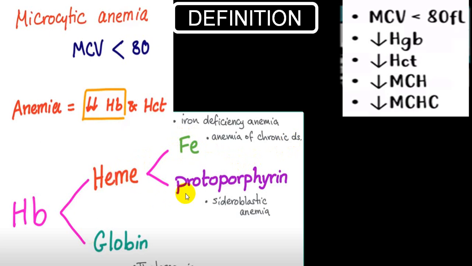And there is a second group which also leads to defective heme production, that is because of protoporphyrin production deficiency, and that will happen classically in sideroblastic anemia. So these two will give rise to what we call heme synthesis being affected, and if the globin synthesis is affected, we call that thalassemia, which can be alpha thalassemia and beta thalassemia. So this will be in general a group of disorders which will give rise to microcytic anemia.